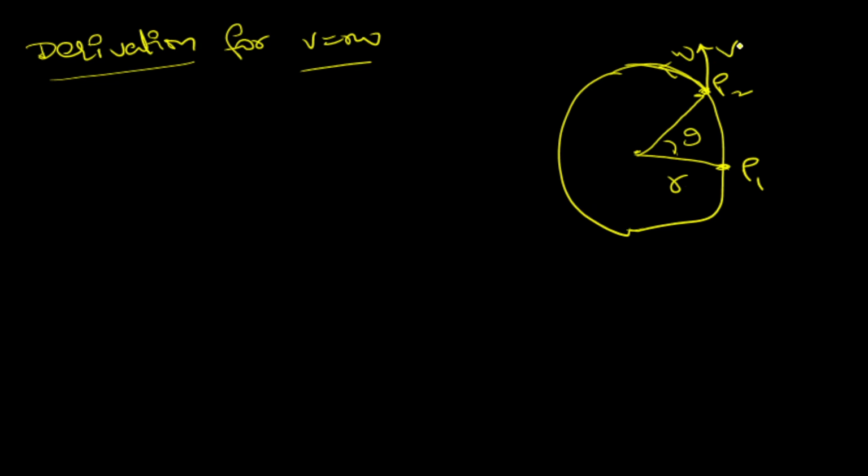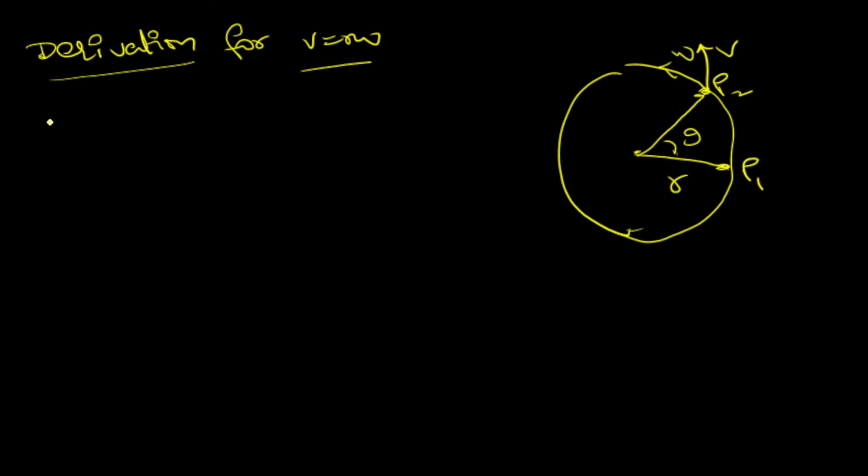See, the velocity v will always change. Why? Because the direction of this velocity changes. If you draw the tangents for this circle at any point, along these tangents we will have the velocity vector, and it always changes. Why? Because the direction changes.